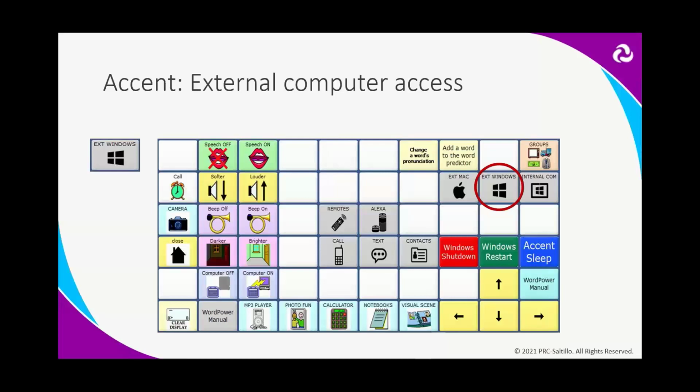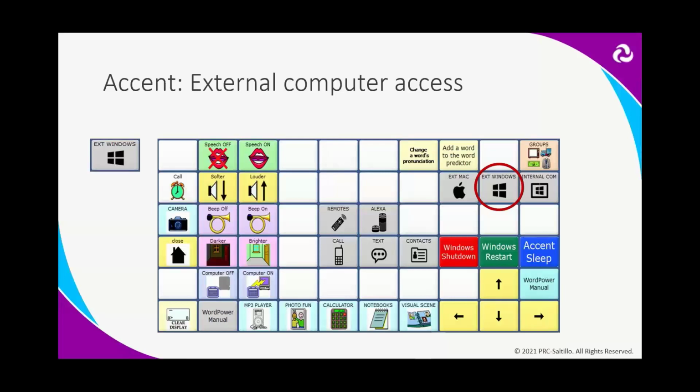The great thing about this is that you can be sitting with your device in front of you and you can hook it up to a Windows computer either by Bluetooth or by a cable. And as you're generating your text with your communication device, you can watch that text going to the screen word by word.